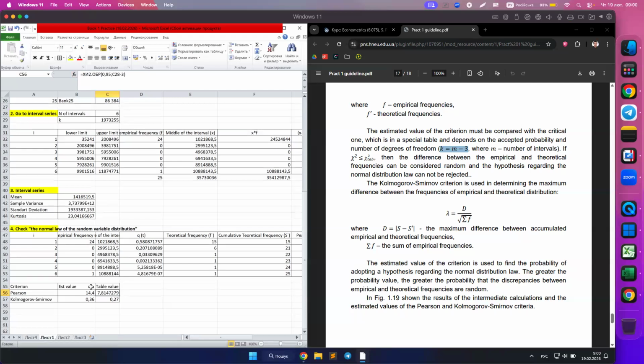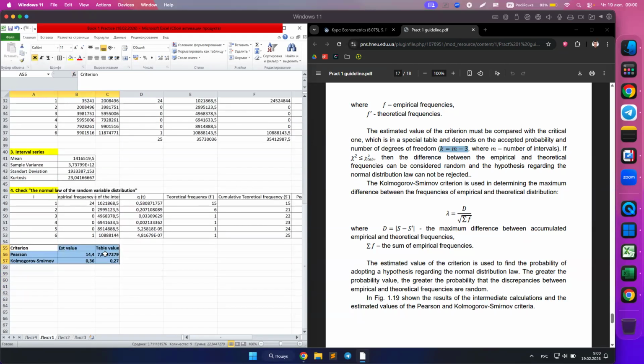And after that, we have to compare this estimated value with the table. So for the Pearson criteria, you can see that the estimated value is more than our table. And we can write that information. So it's explained that the estimated value is more than the table.